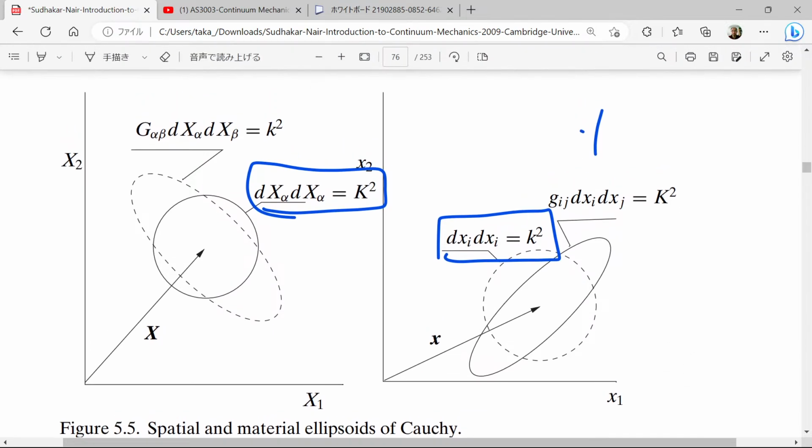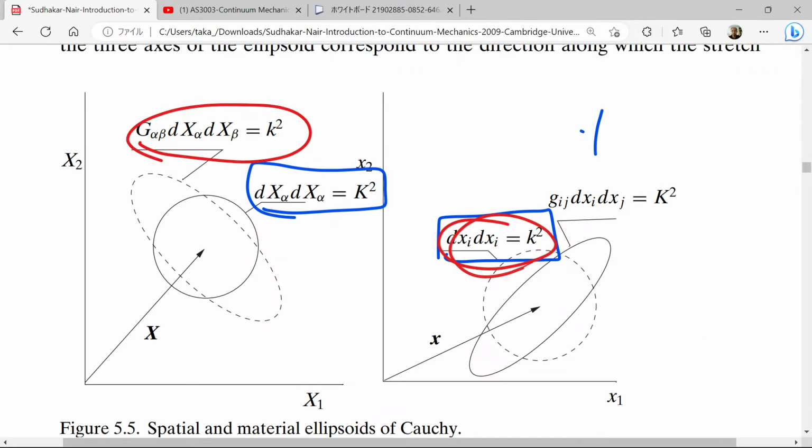Okay, this is a spatial ellipsoid, and this is a spatial ellipsoid.